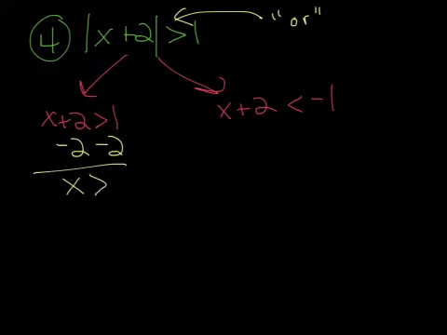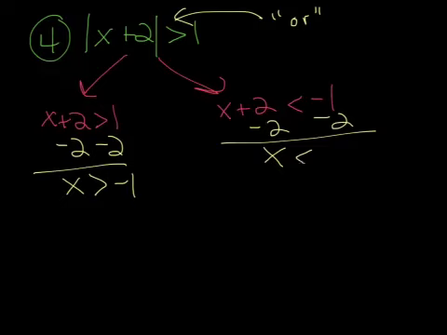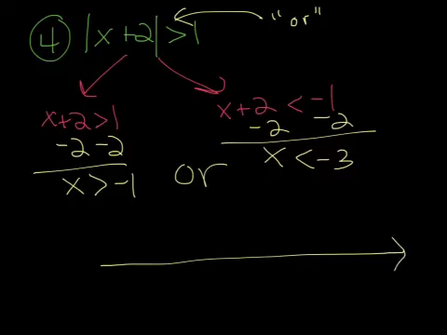I end up getting that x is greater than negative 1. This one I start by subtracting 2 from both sides. I get x is less than negative 3. Since it's an or, I'm going to write my or in. Don't forget to do that at the end of the problem on your test or quiz. I usually take off a half or a quarter of a point for that. Not a big deduction, but it's nice to not miss little points like that.